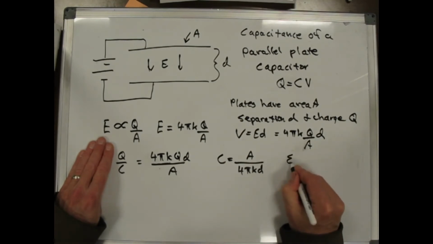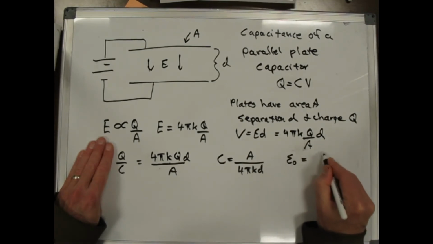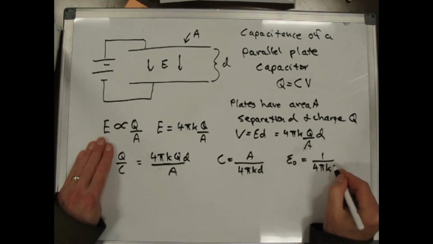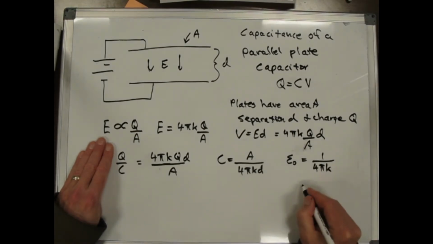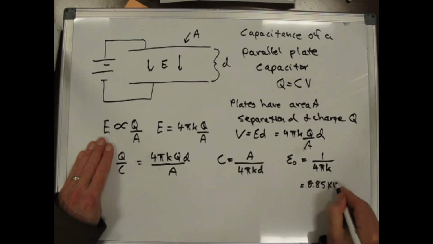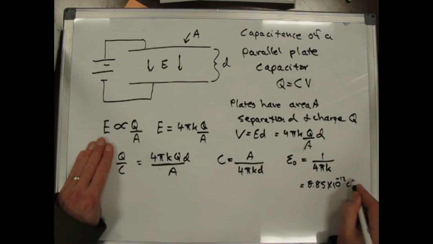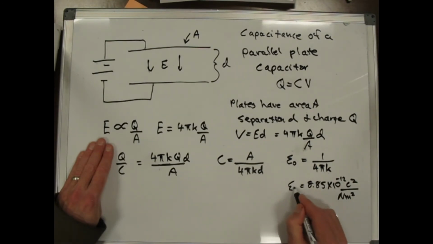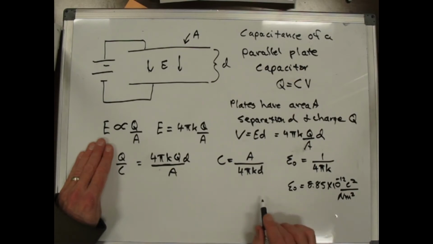We define this quantity called epsilon naught as 1 over 4 pi k. It just comes up a lot. By the way, it's equal to 8.85 times 10 to the minus 12th coulombs squared per Newton meter squared. The units are just 1 over what the Coulomb constant was, and then you have 1 over 4 pi k there.